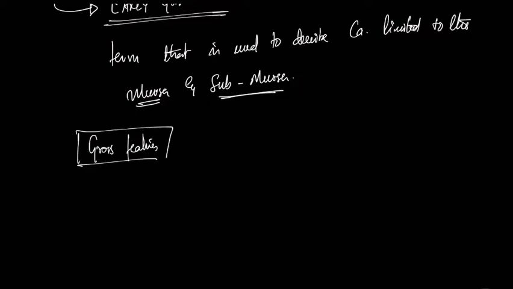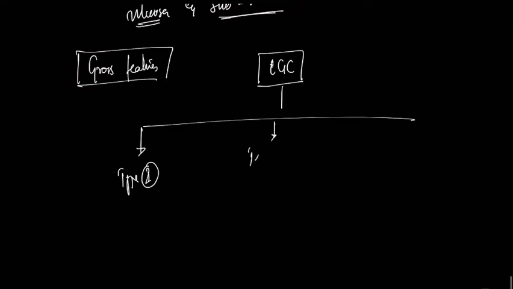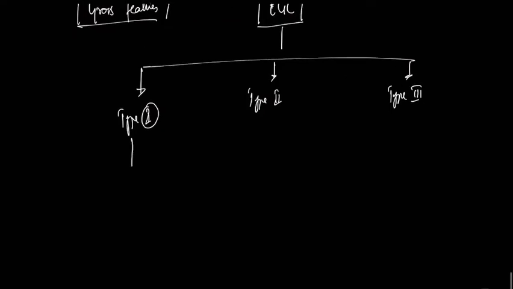Now let's come to its gross features. We see that your early gastric carcinoma can be of 3 types. This is your type 1, there's your type 2, and your type 3. Type 1 is also known as your polypoid type, whereas your type 2 has 3 subtypes: type 2A, type 2B, and type 2C.